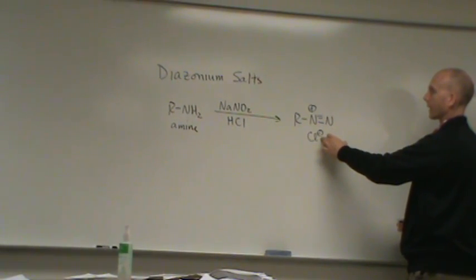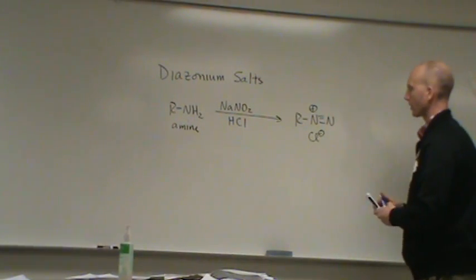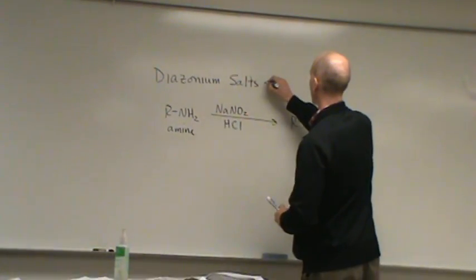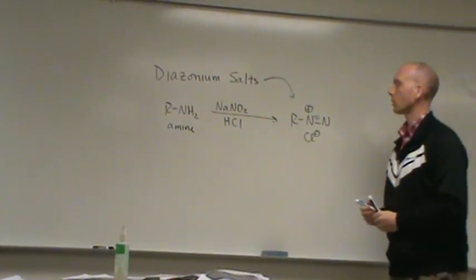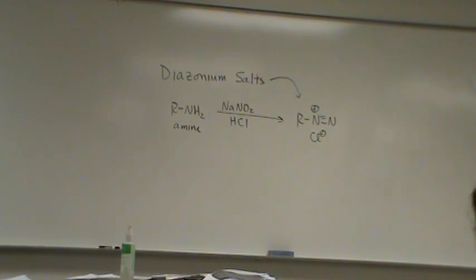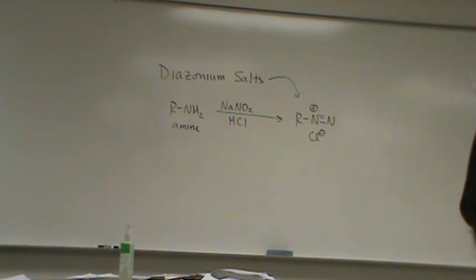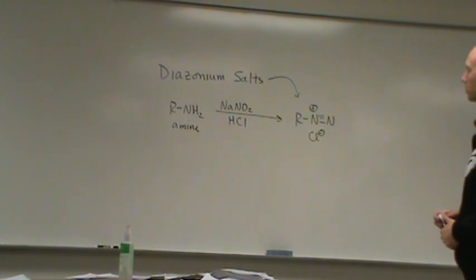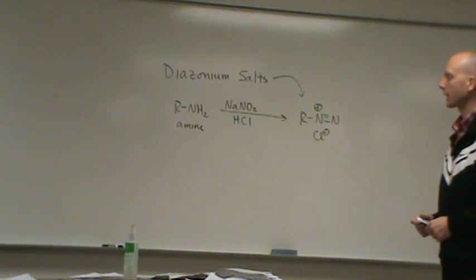Then you got the anion, and this combination is what's called a diazonium salt. Okay, that's what we want to look at. What special properties does this diazonium salt have?